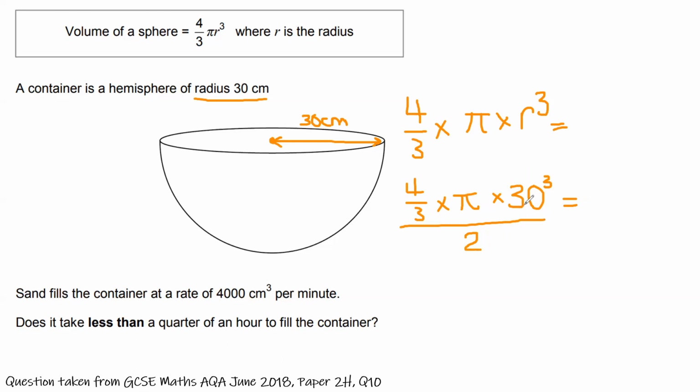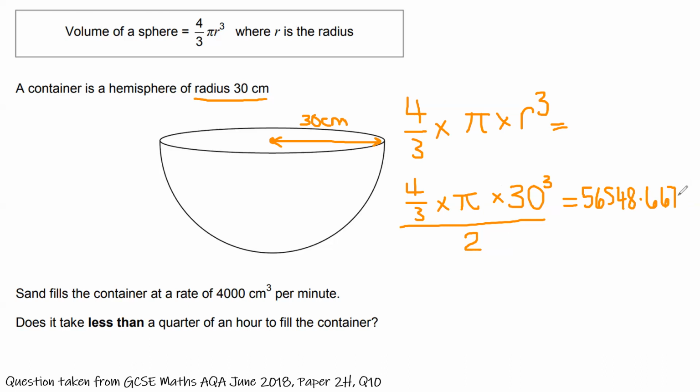Now, it's up to you how you put this into your calculator. So I did it in little bits. I put 30 cubed in first, then I times it by pi, then I times it by 4, divided it by 3, and then eventually divided it by 2. But no matter how you do it, whatever order you put this into your calculator, you should end up getting the answer as being 56,548.6678.